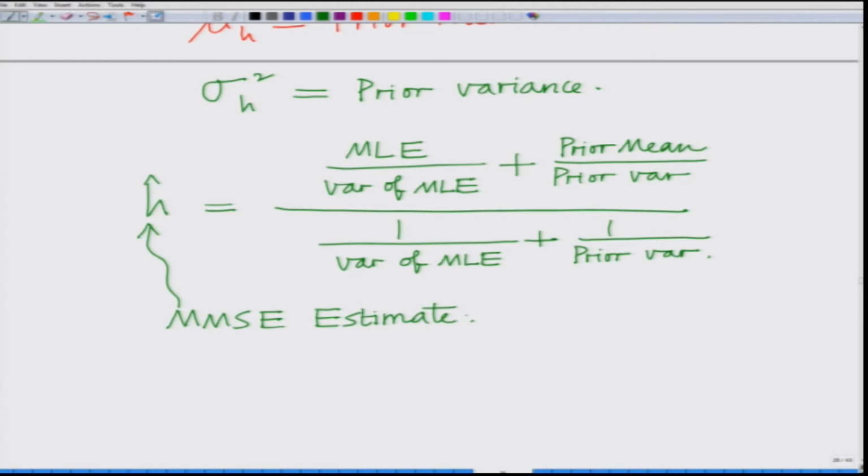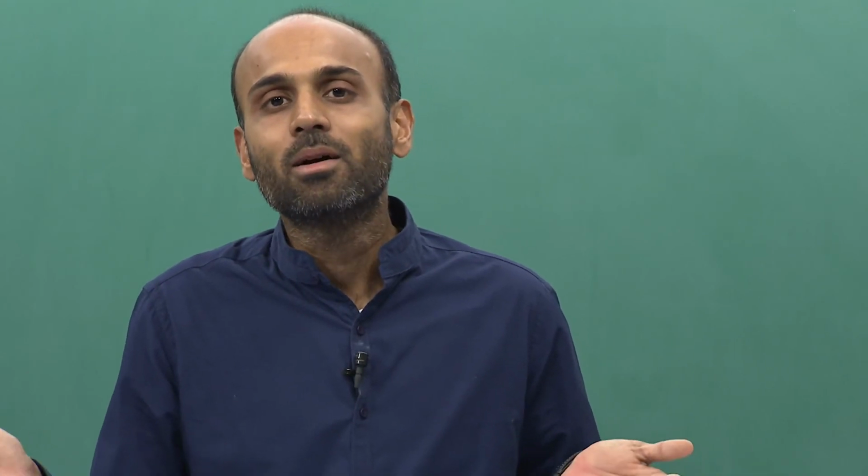So what does this say? The MMSE estimate is basically a linear combination of the maximum likelihood estimate and the prior mean, that is mu h, in the inverse ratio of their variances.